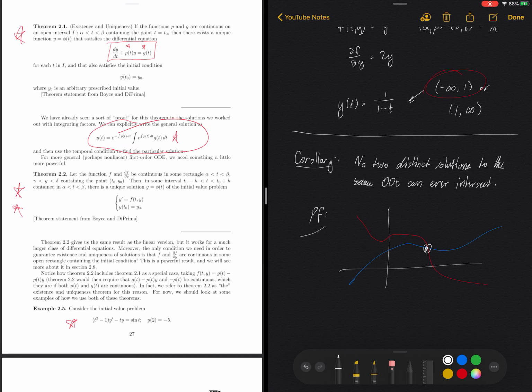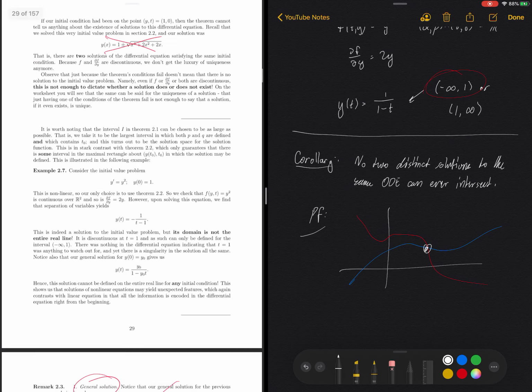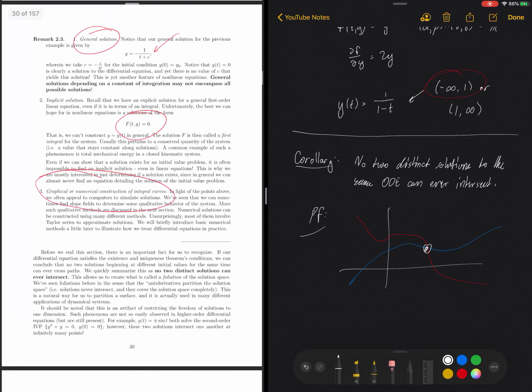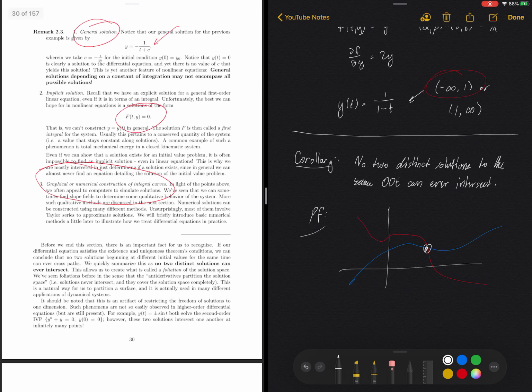Because the red and blue curves would be sharing such an intersection point, that point constitutes an initial condition, which means my solution would no longer be unique. I'd have a red solution and a blue solution, and that violates existence and uniqueness. Therefore, I can't have solutions to the same ODE intersecting.